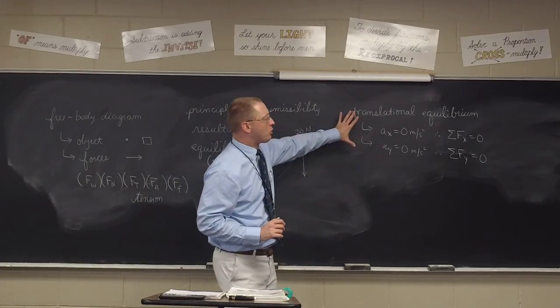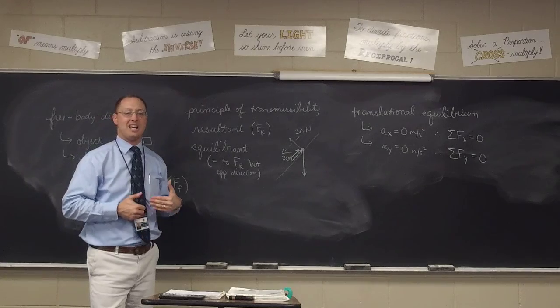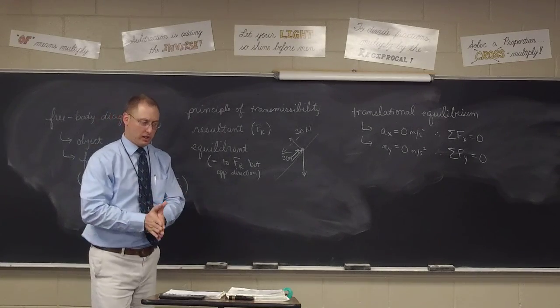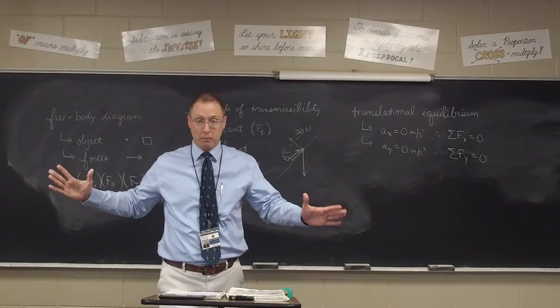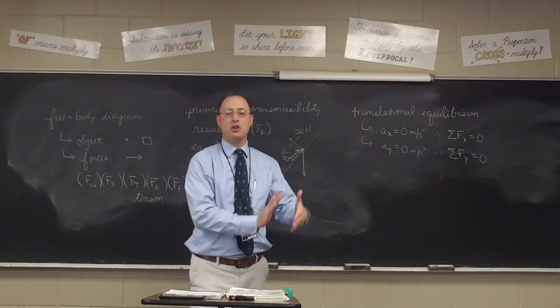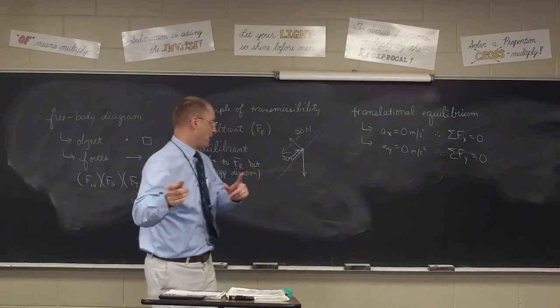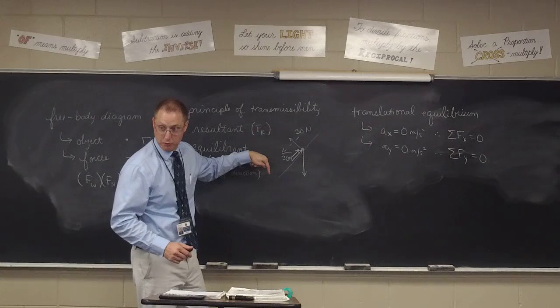So translational equilibrium doesn't mean that an object is not moving. It means that an object is not accelerating. Does that make sense? When the forces all cancel out. Now, if the object was stationary to begin with, then yes, translational equilibrium, no acceleration, means it will stay stationary. If the object was already in motion, then simply canceling out forces wouldn't do anything. In Kendall's case, though, it was the 30 newtons that was causing her to move, correct?